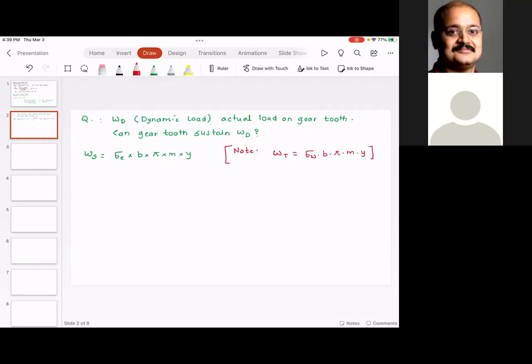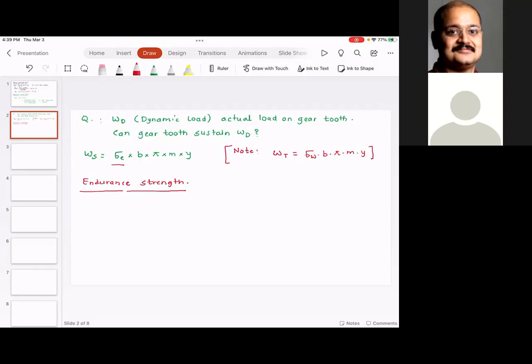So now the question is, how do we find sigma E? For this, let's understand what we mean by endurance strength. What do we mean by endurance strength of the material?